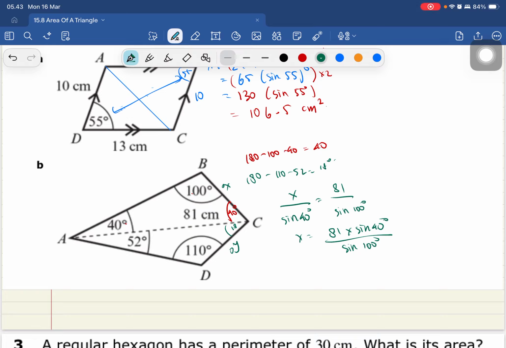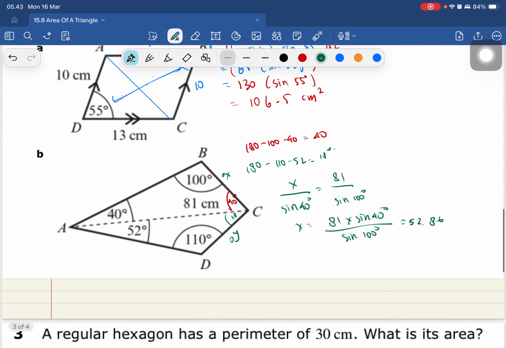So it's going to be 52.86. So x equals 52.86.